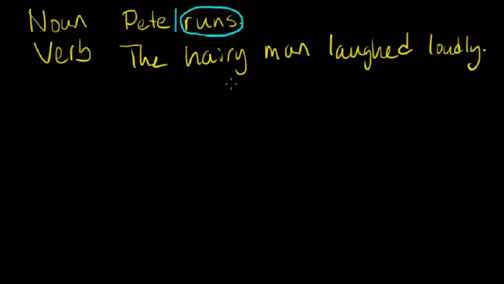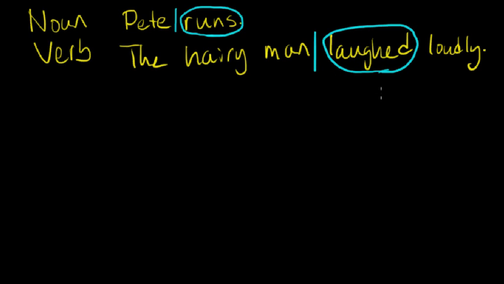So in this sentence, what's the action that's being performed? Well, the hairy man is laughing. So let's circle the word laughed. That is our verb. And then once you find that, in most cases, that verb starts out the verb phrase. So we could draw the line right before the verb.